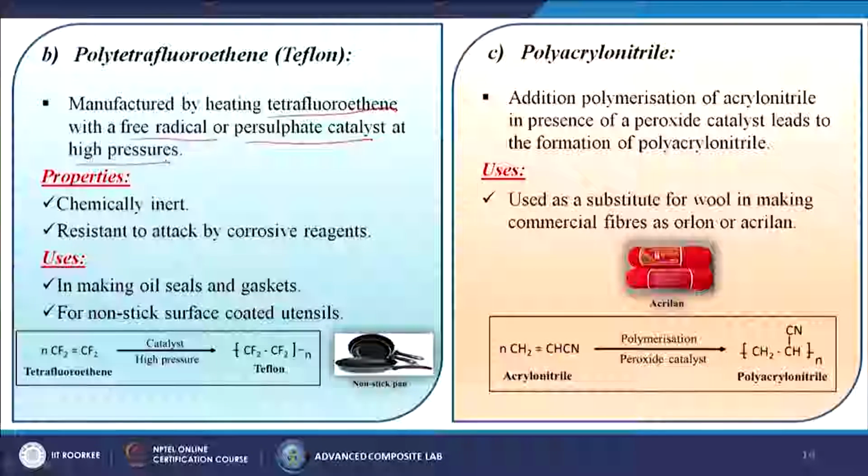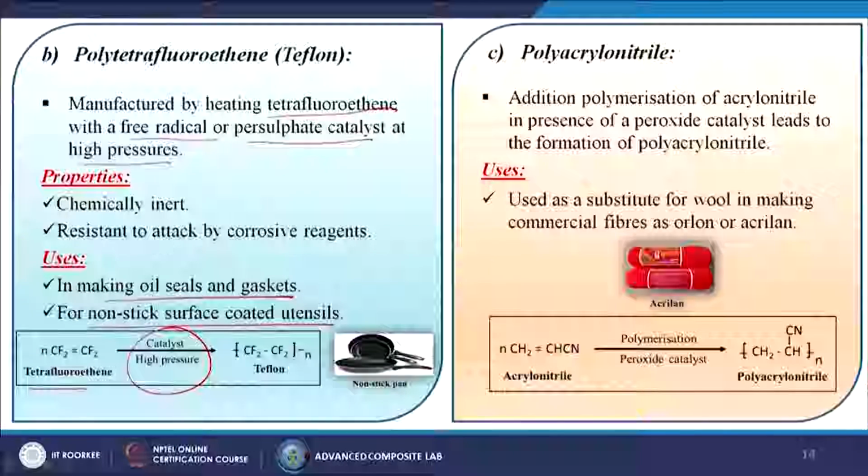Its uses: generally in making oil seals and gaskets, and for non-stick coated utensils. Nowadays in our kitchens we are using non-stick utensils where we use the coating of these Teflon materials. So, tetrafluoroethylene in the presence of catalyst and high pressure we make Teflon, and we use it for the non-stick pan.